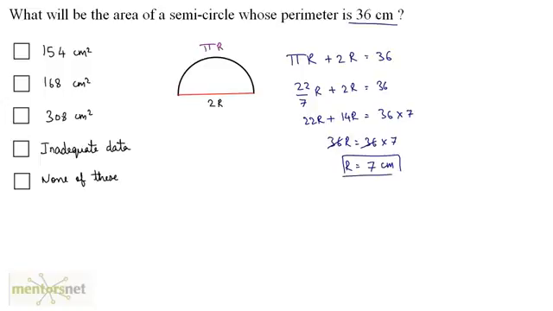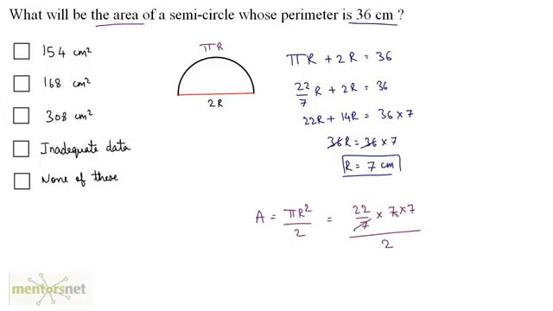Now that we've got the value of r, we can calculate the area of this semicircle. Well, the area of this semicircle will be definitely half of the area of the full circle. So we have area is equal to pi r square divided by 2. This is equal to 22 by 7 times 7 times 7, that's r square, upon 2.